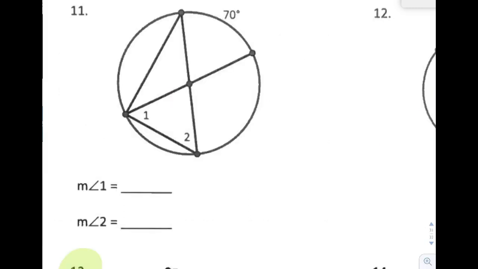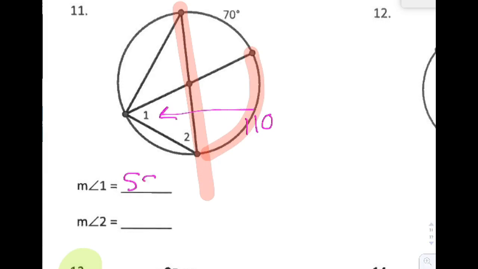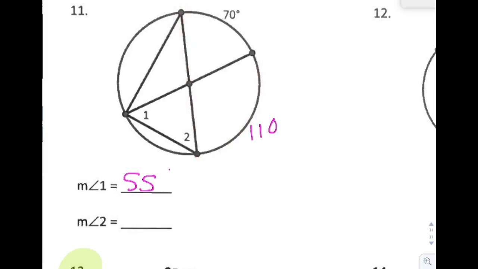Won't talk too much through number 11, but we have a diameter here, which means we have a 180 there, which means that this has to be 110. And if that's 110, then the inscribed angle that it comes from is half of that. Now angle 2 comes from this arc because it opens up like that.